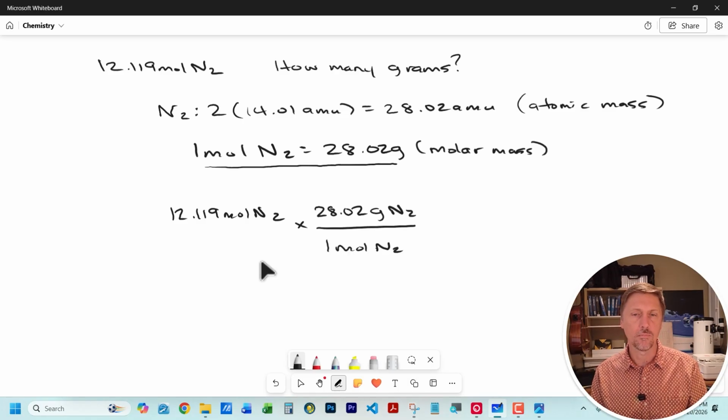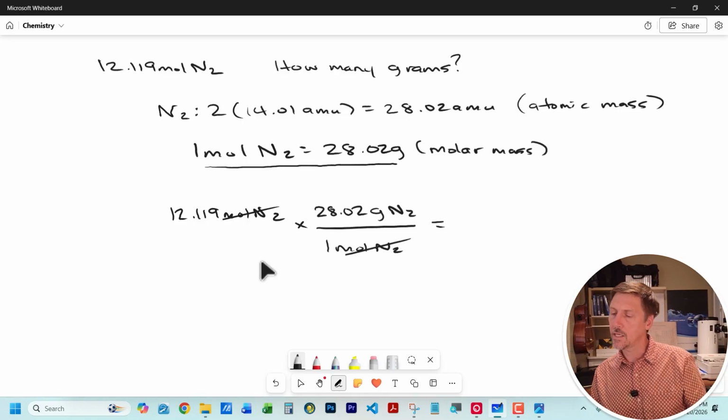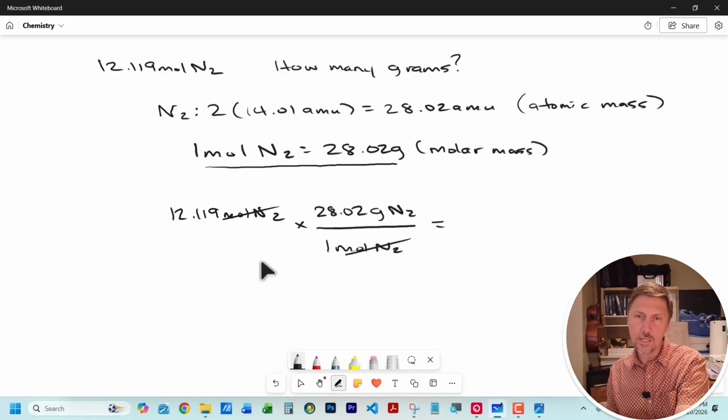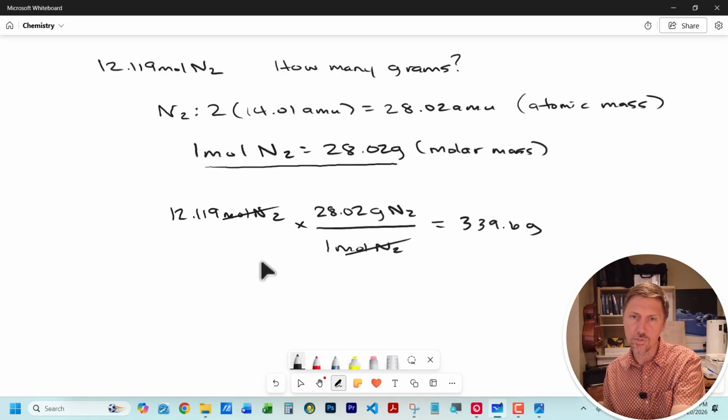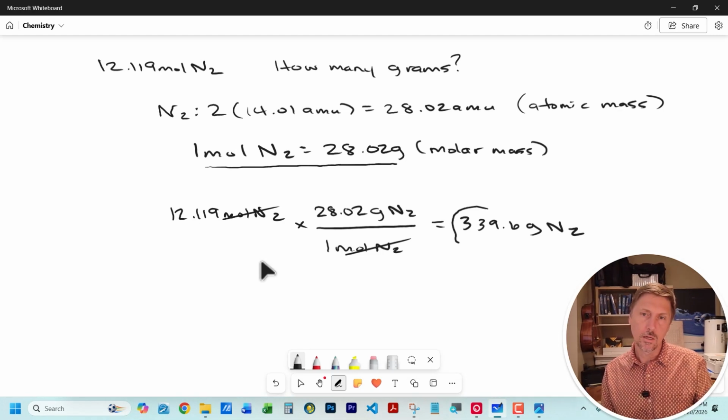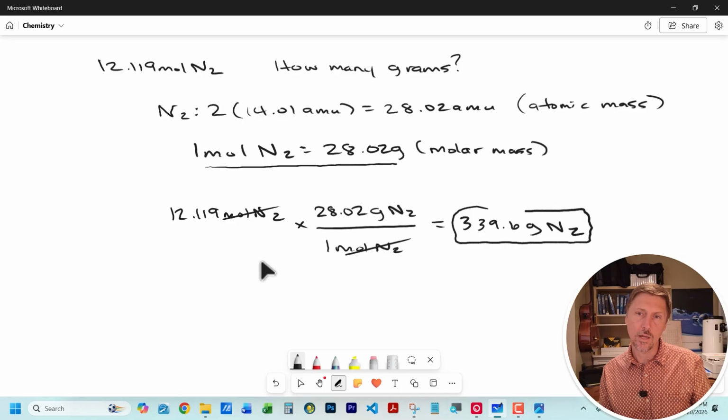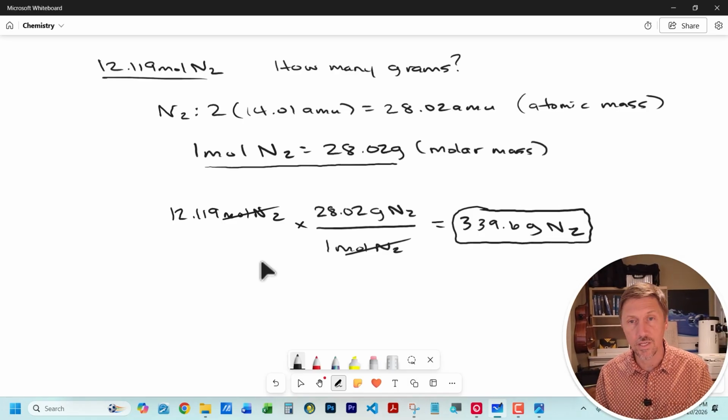I put that on the bottom. My moles of N2 cancel out. I do the math with that, and I get 339.6 grams of N2. That is the mass in grams of 12.119 moles of N2.